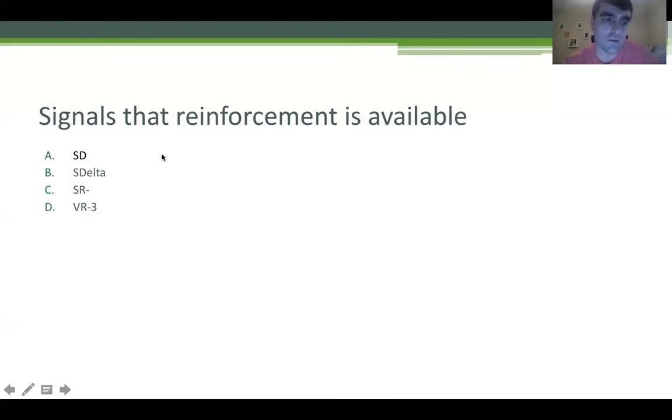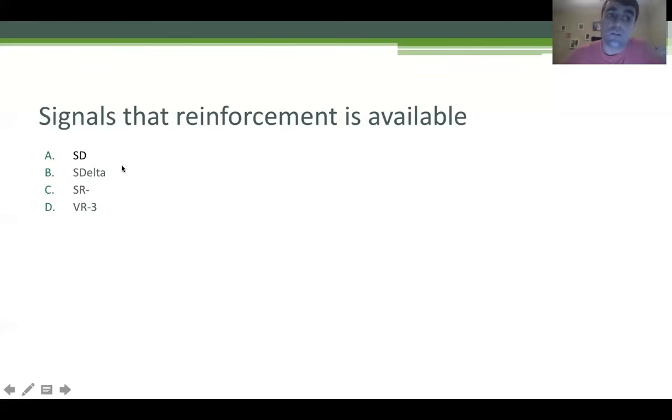So we've eliminated these 3, right? S delta signals it's not available. This is negative reinforcement. That's not what it's asking, and this is a reinforcement schedule. So, yes, an SD, our discriminative stimuli, does signal that reinforcement is available. But even if you didn't know that, hopefully you would know enough to eliminate the rest of them.